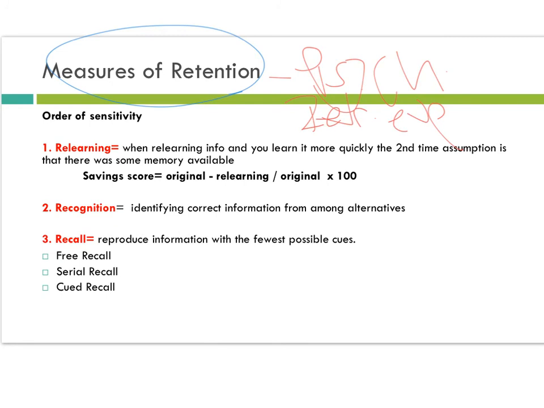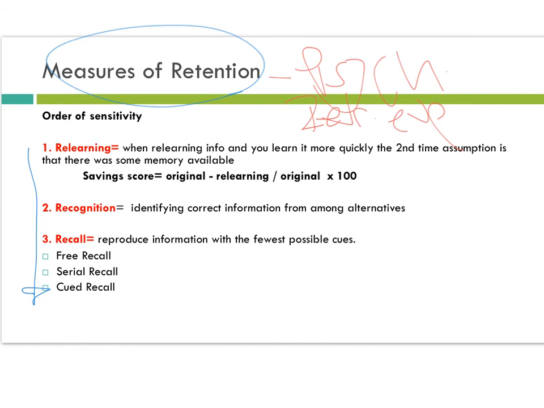Now, there are three types of measures that we use to determine how much information has been retained. So these measures are relearning, recall, and recognition.